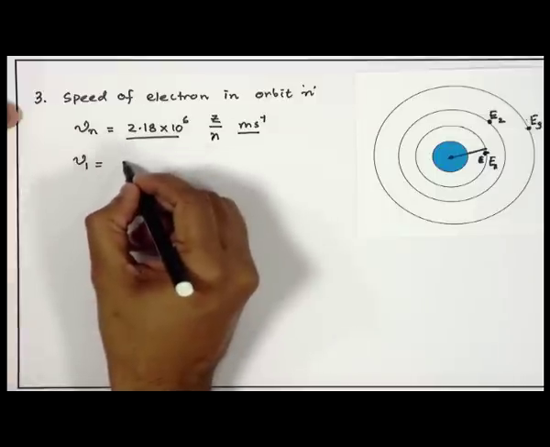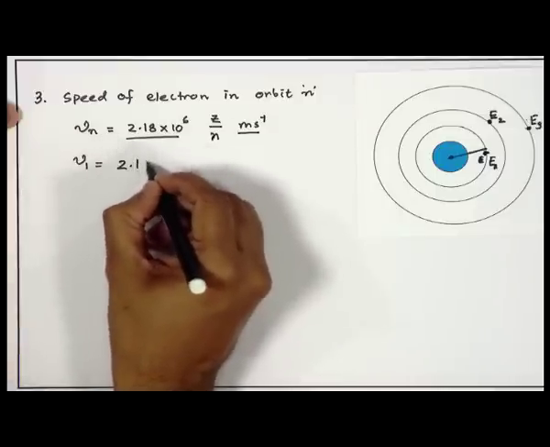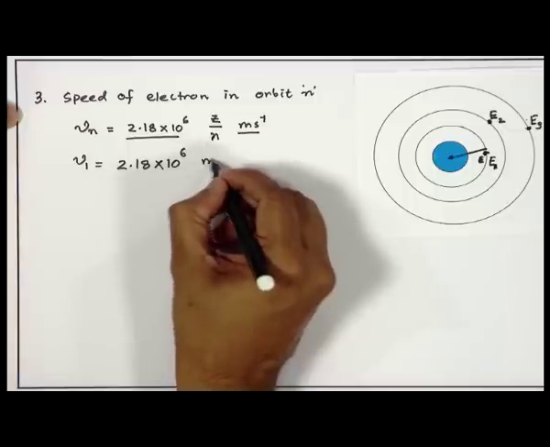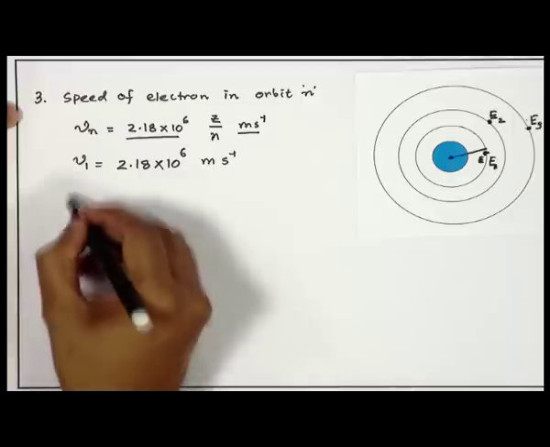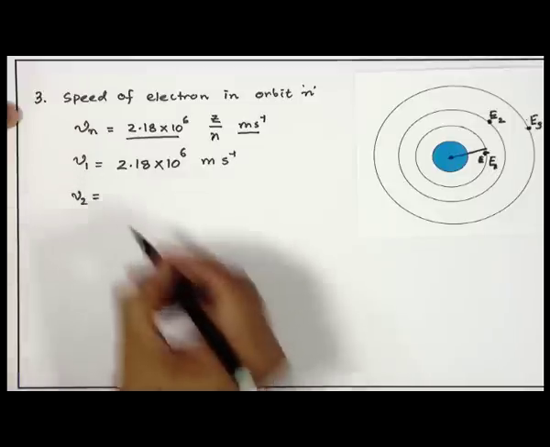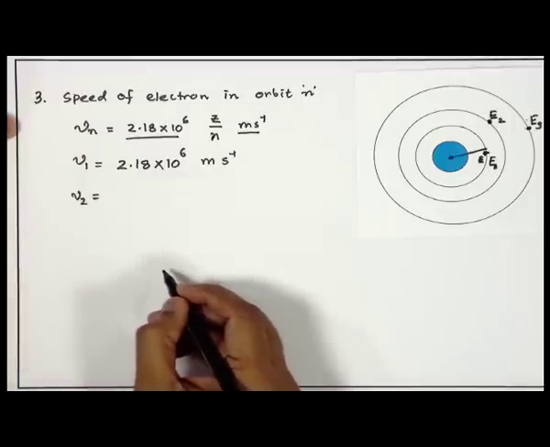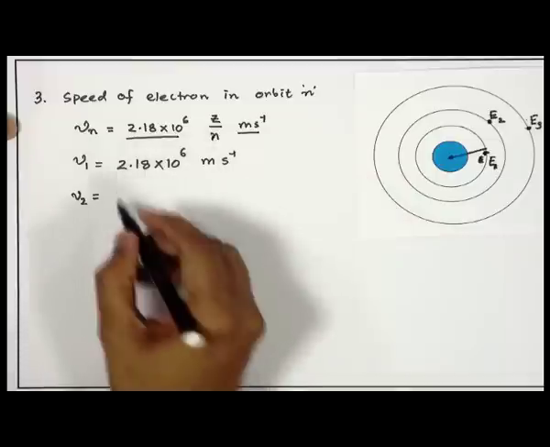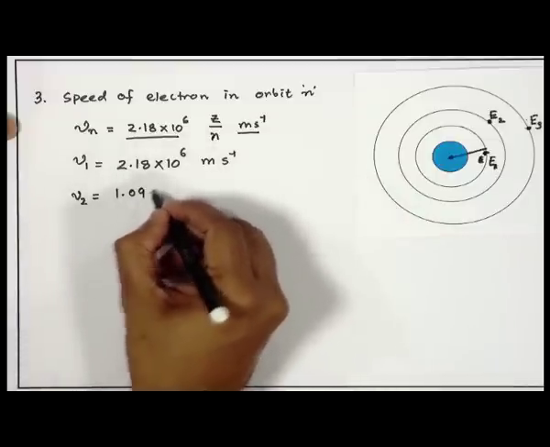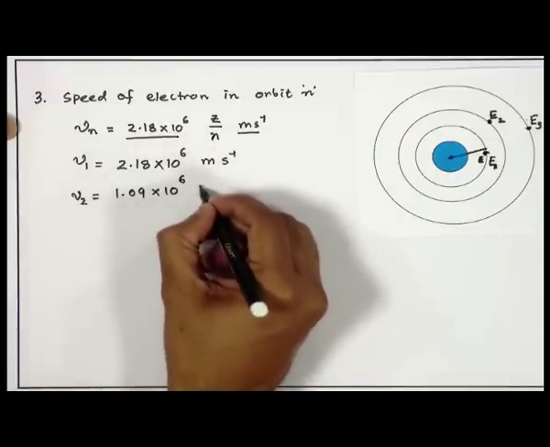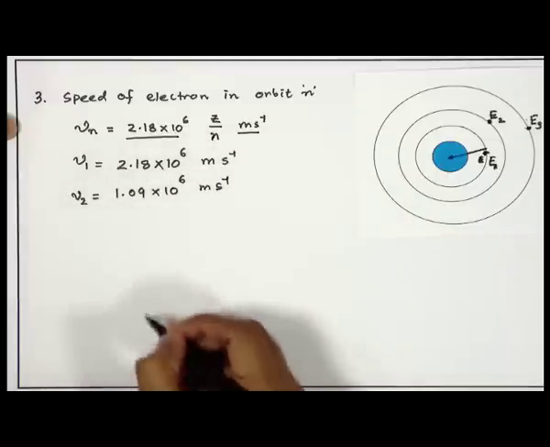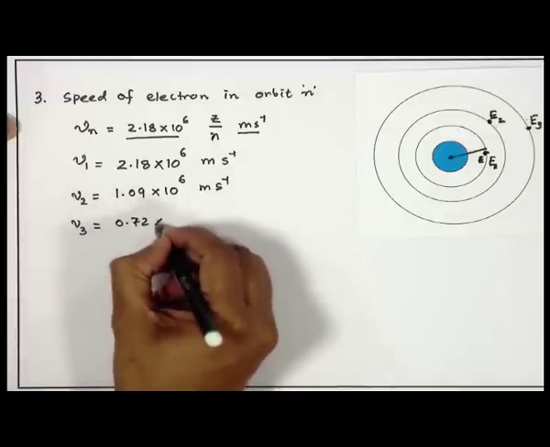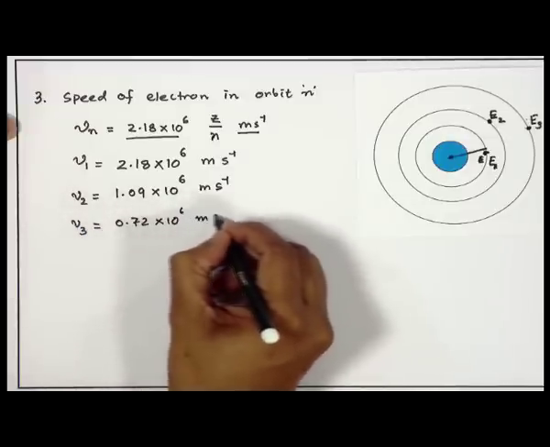So, the speed of electron in the first orbit is essentially 2.18 into 10 to the power 6 meter per second. Speed of the electron in the second orbit is when Z is 1, because we are still in hydrogen atom, n is 2. So, you will get 1.09 into 10 to the power 6 meter per second, and so on and so forth. You can see V3 is 0.72 into 10 to the power 6 meter per second.